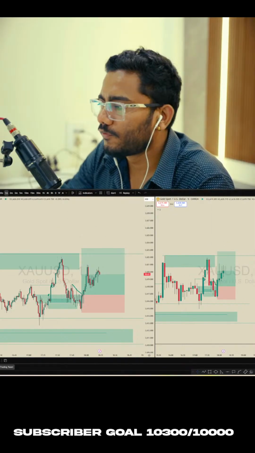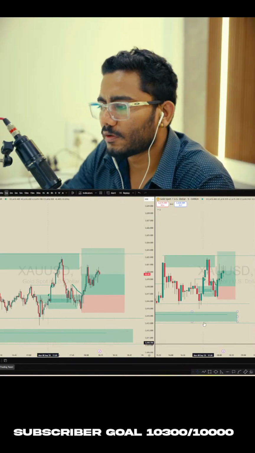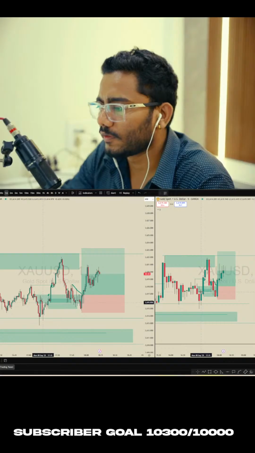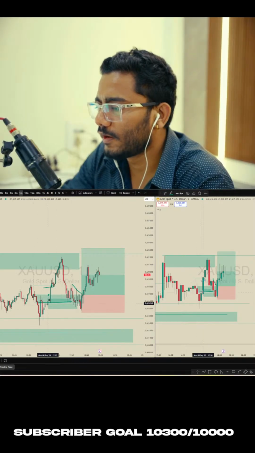In 5 minute, if you look at gold, there was an FVG over here, and we had this order block on the lower time frame. That was our entry.